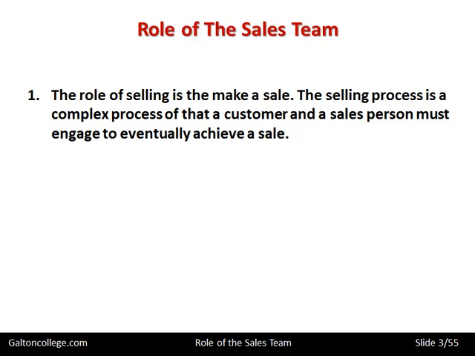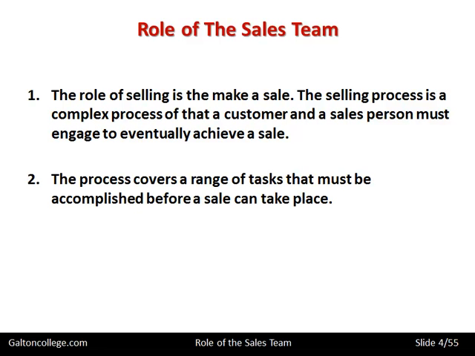So there must be a meeting of minds between the customer and the salesperson. There must be an agreement. And it's important for the salesperson to read the situation accurately, to gauge what's in the mind of the customer, the requirements of the customer, and to try and address those needs and perhaps those fears about making the purchase and make the sale.